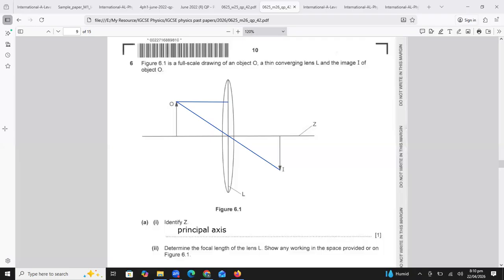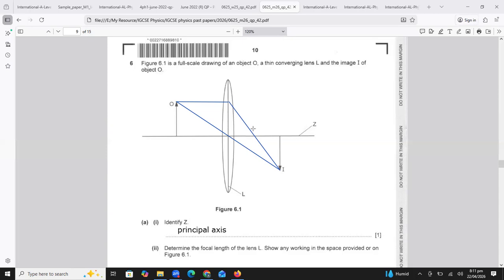But the focal point is not here. So what we will do, we will join this ray with the image. Now you can see the point at which ray number 2 is intersecting the principal axis. This point is called the focal point. Let me mark it with a different color so you can identify it.